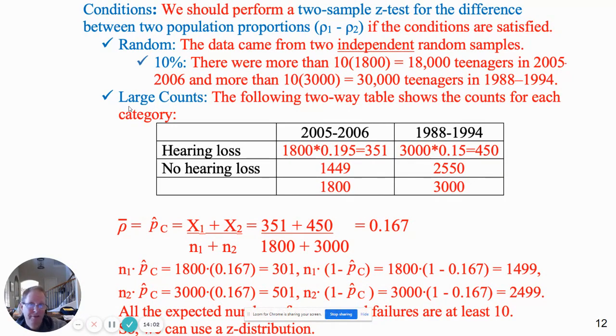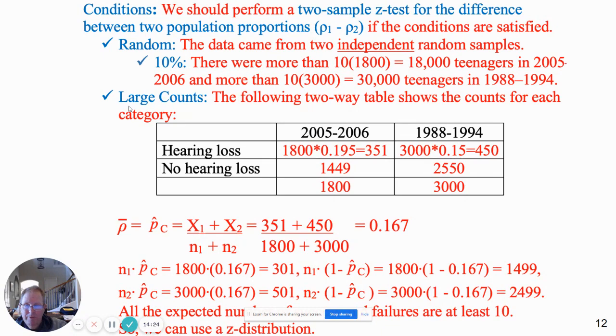So I take 1,800 times 19.5%, and that gives me 351 with hearing loss, and that gives me 1,449 without. So I get a total of 1,800. And I do the same thing for the earlier period. So now I have the counts of successes and counts of failures for both periods.